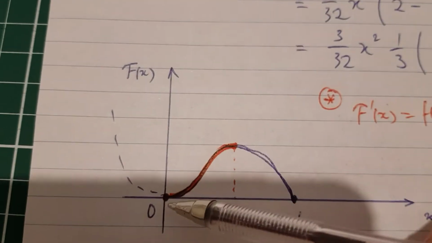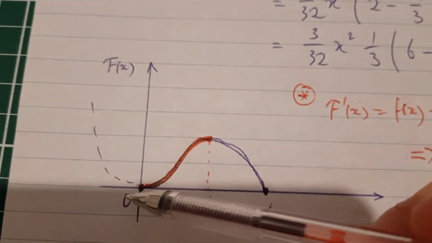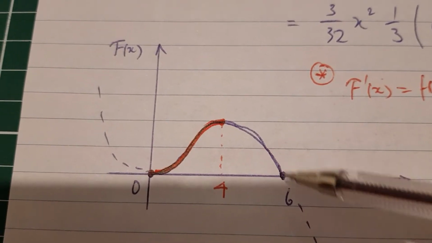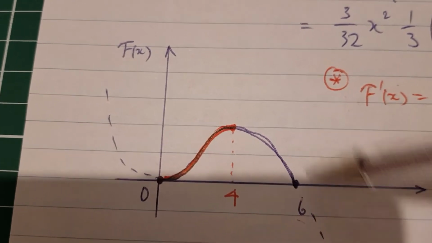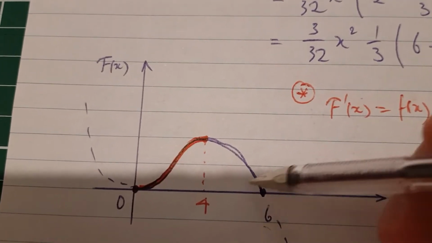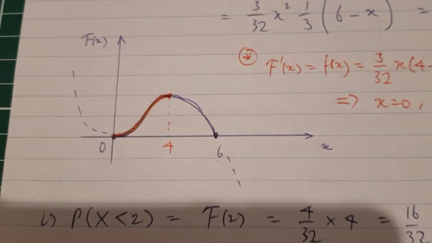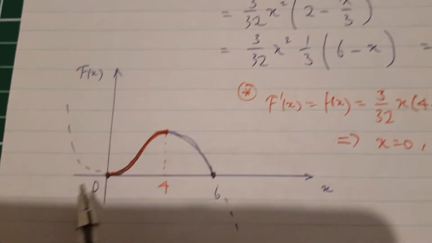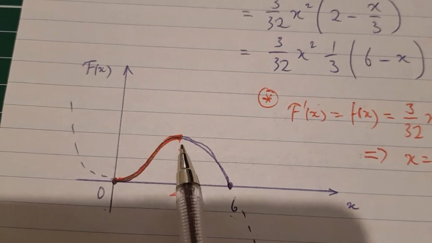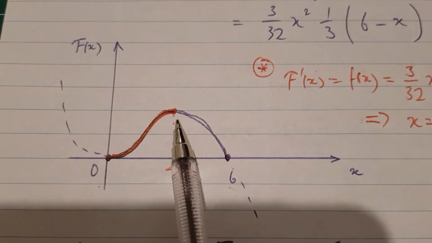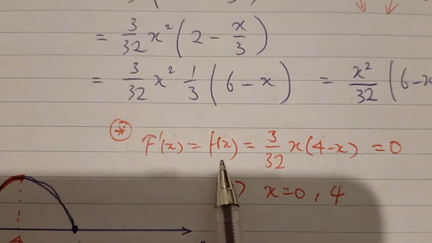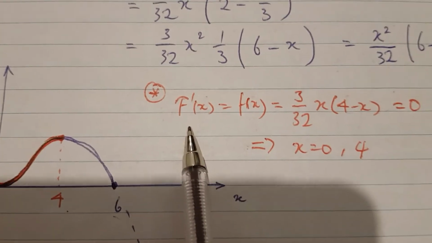Remember how I said in the vicinity of x equals 0 it behaves like a parabola, and in the vicinity of x equals 6 it behaves like a linear. So that's linear, if you zoom in very closely. But the domain only goes from 0 to 4, so I can stop there. Now, how do I know that 4 is the maximum point? Well, come back to this little f of x, which is the derivative of big F of x.